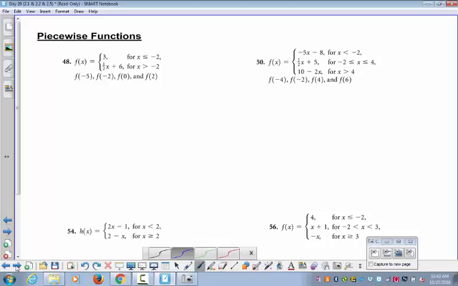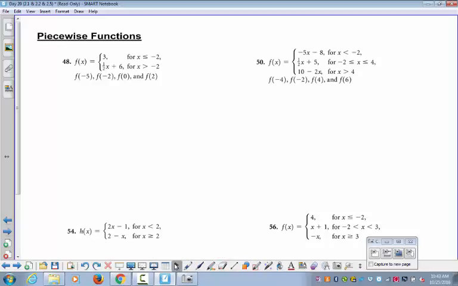So if it's greater than or equal to 0, it's itself. But if x is negative, to get that positive answer, we multiply it by -1. So if in here you have a -5, this is telling us that the y value is -(-5), which is +5. So it's giving us a formula to get the correct y value.